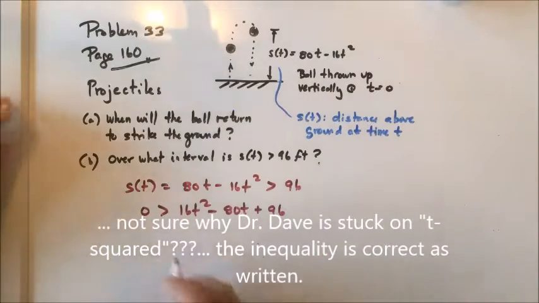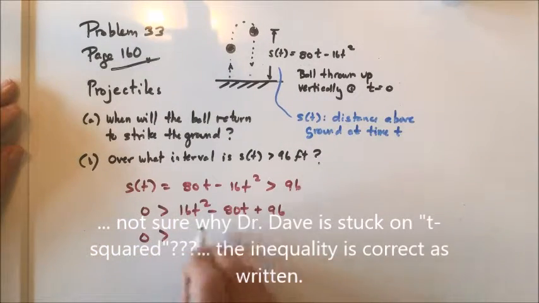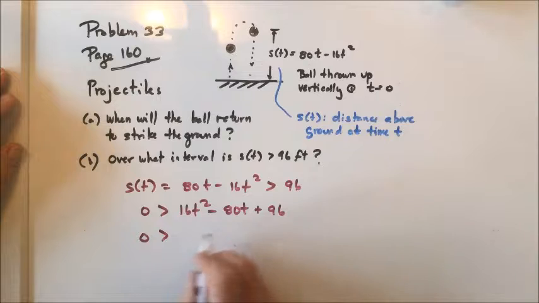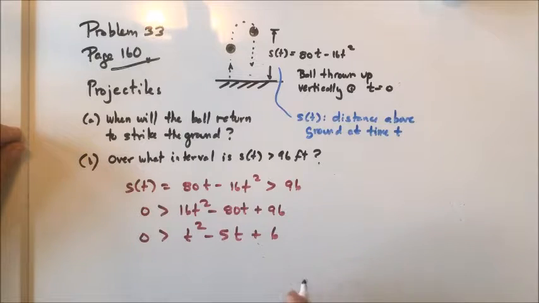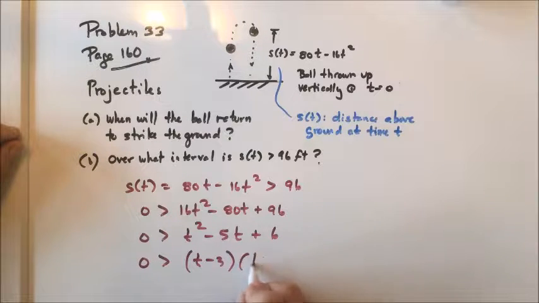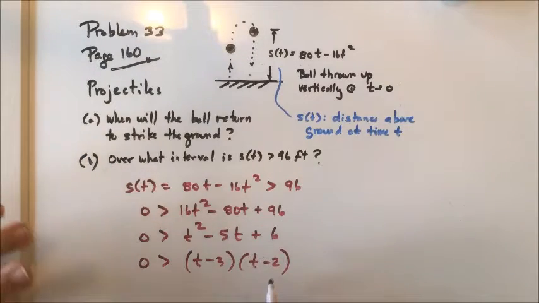And to make things look a little simpler, I'm going to just divide every term by 16. I'm going to get t squared minus 5t plus 6. And then I'm going to do a little factoring to get t minus 3 times t minus 2 is less than 0.